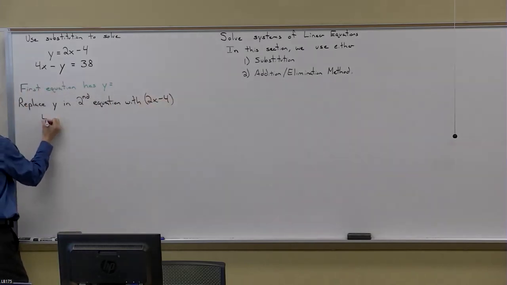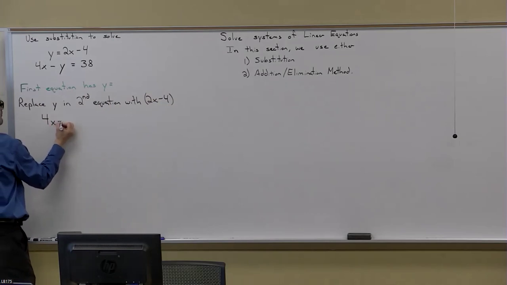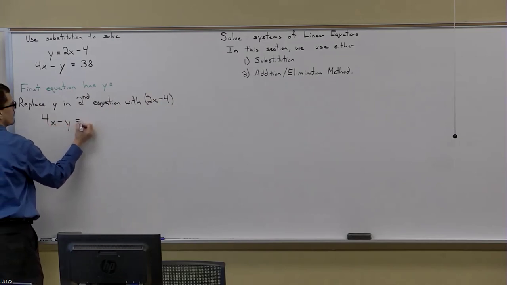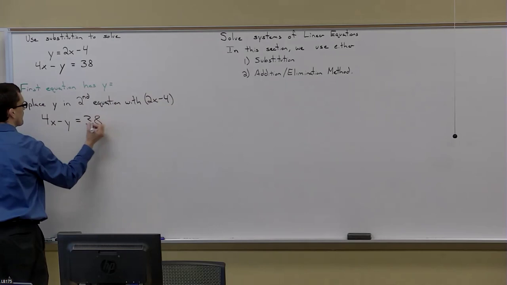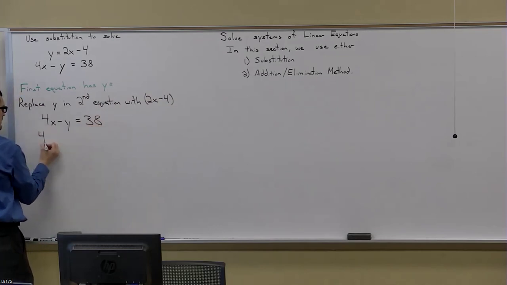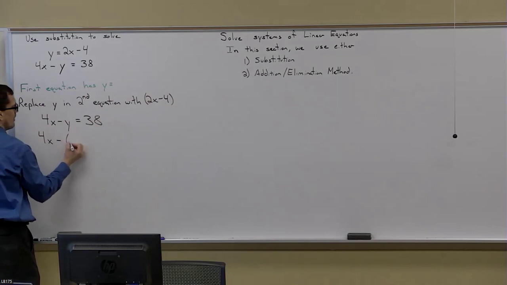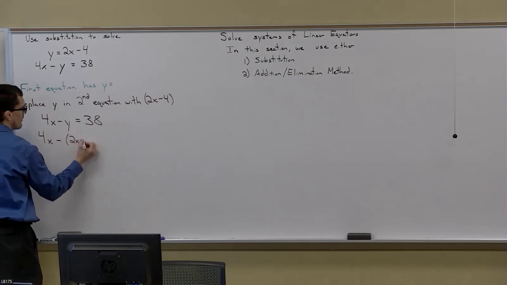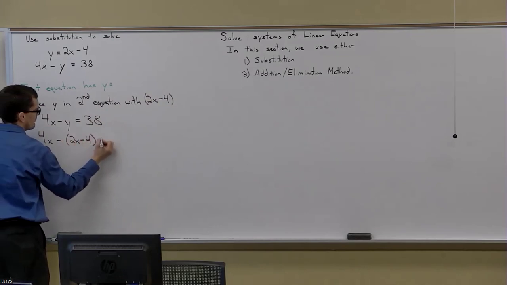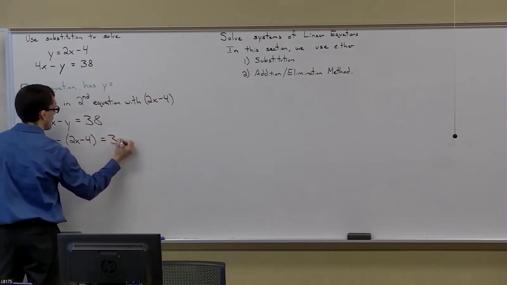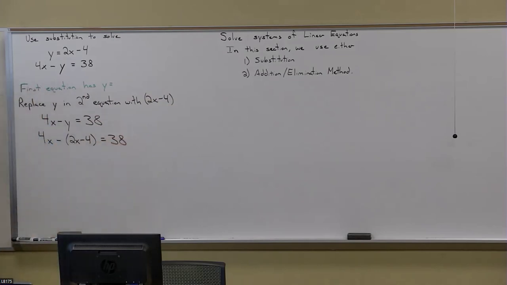So I take 4x minus y equals 38. And I replace or substitute the 2x minus 4 in for y. That makes sense?